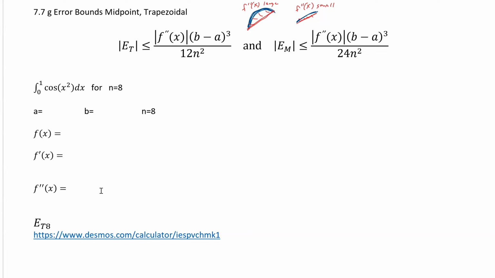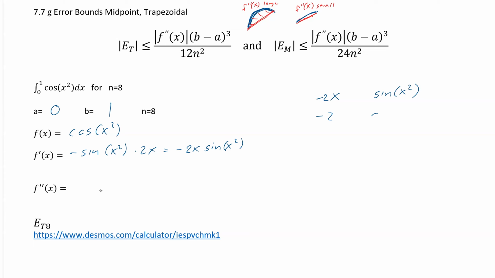So we have an a. Here a is 0, b is 1, and n is 8. Our function is cosine of x squared. Remember, the f of x is whatever's inside. Now we have to do the derivative. So we get negative sine of x squared times 2x, which is negative 2x sine x squared. Now that we have two variables, we need to do product rule.